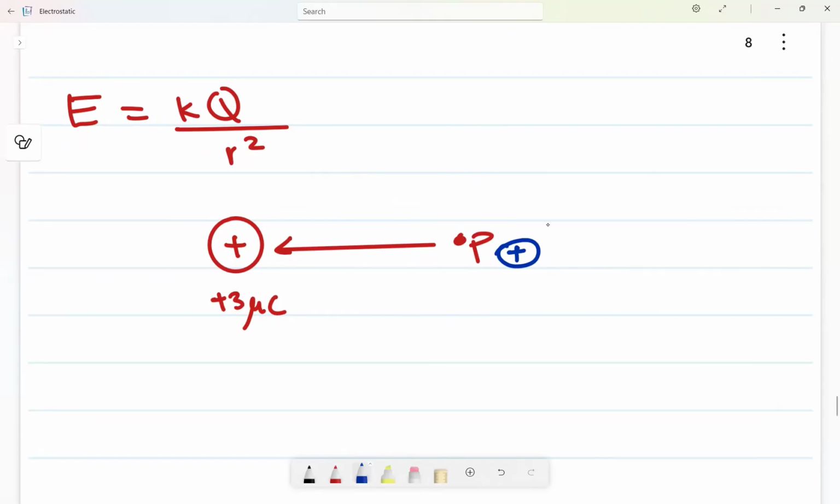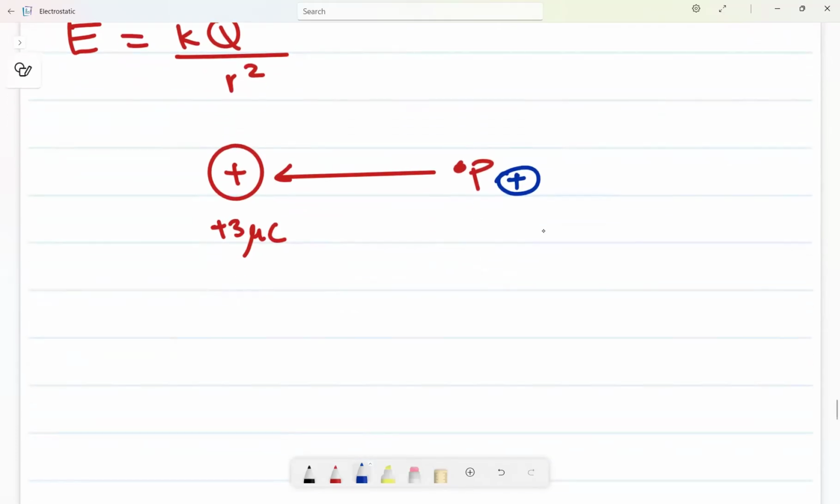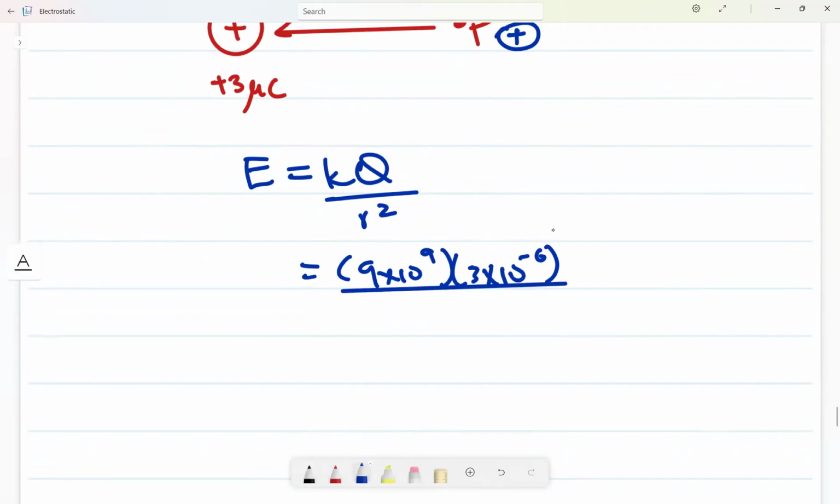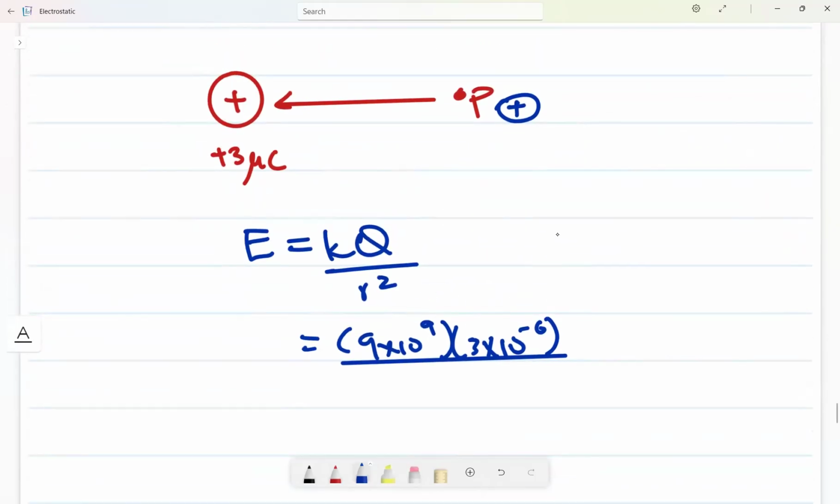So how can we find the electric field experienced at P due to charge Q? We say E is equal to kQ divided by r squared. Therefore you are in a position of substituting. This is 9 times 10 to the power of 9. Q is 3 times 10 to the power of negative 6. The distance between the two is something like 5 millimeters.